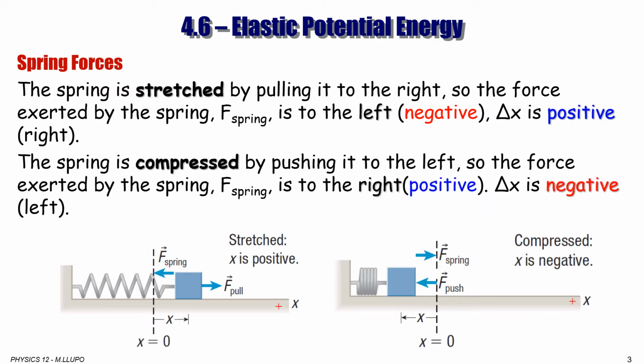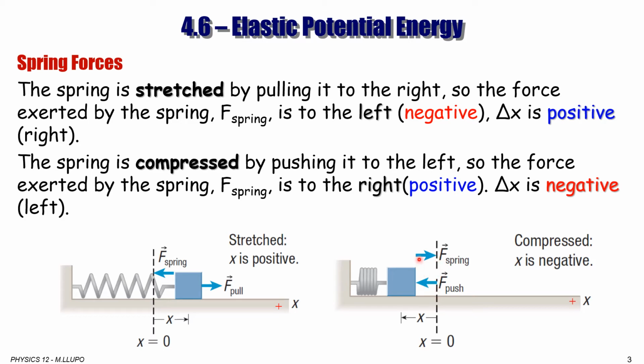Now let's see if we try to compress the spring. Instead of pulling it from the rest position, we push that spring. So we are going to feel that reaction. That spring force again is trying to restore that rest position, trying to push the box back toward the rest position.